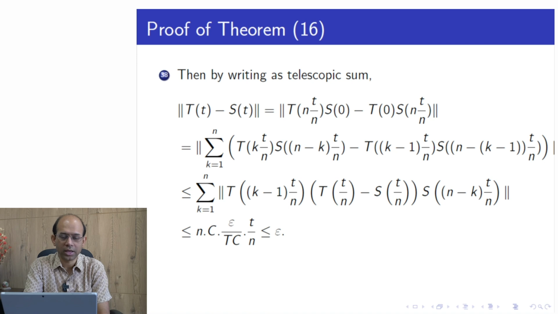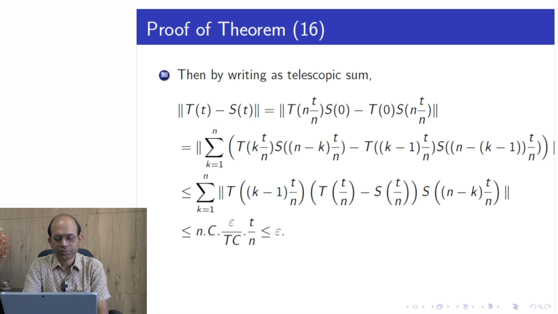We multiply and divide by n, and then I can think of this as the identity operator. S of 0 I write, because S of 0 is also identity, since S is a semigroup, and then here also identity times S of t. I write T of 0, and S of t is rewritten as S of n times t by n. Just multiply and divide by n.